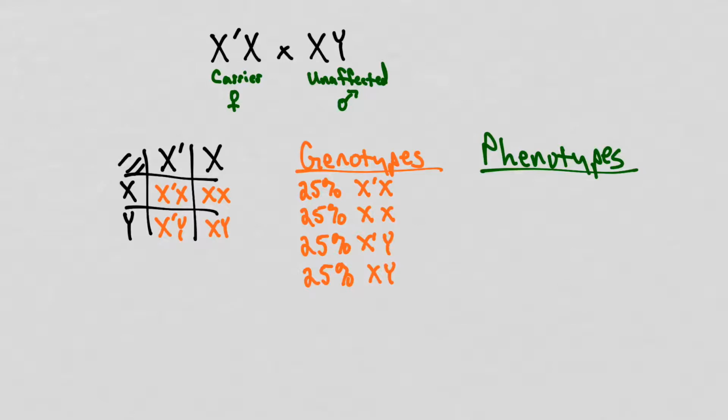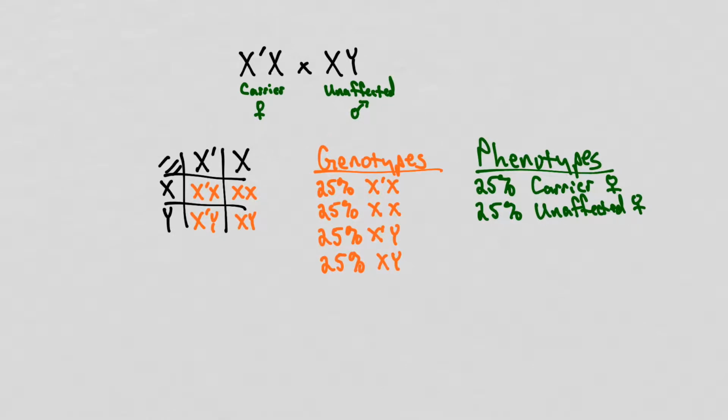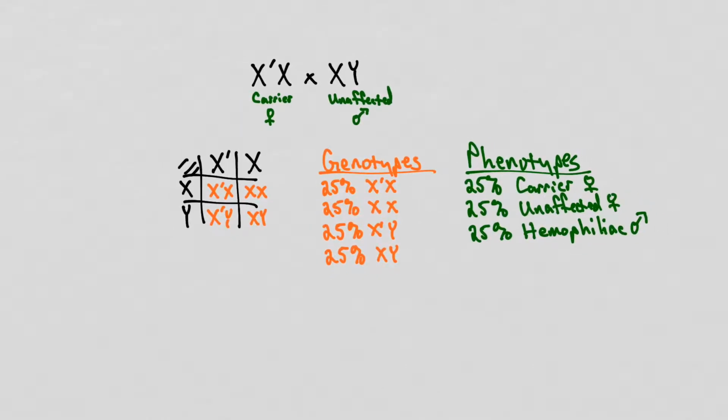As far as our phenotypes, the outward appearance of these individuals, we have 25% that are carrier females, 25% that are unaffected females, 25% that are hemophiliac males, and 25% that are unaffected males. So in this case, a cross with a carrier female and an unaffected male, they could have a hemophiliac male child.